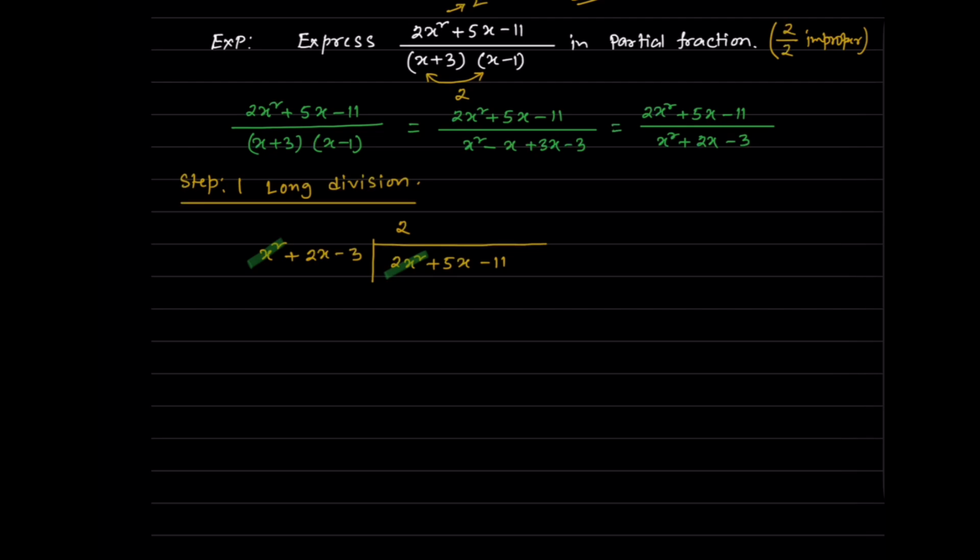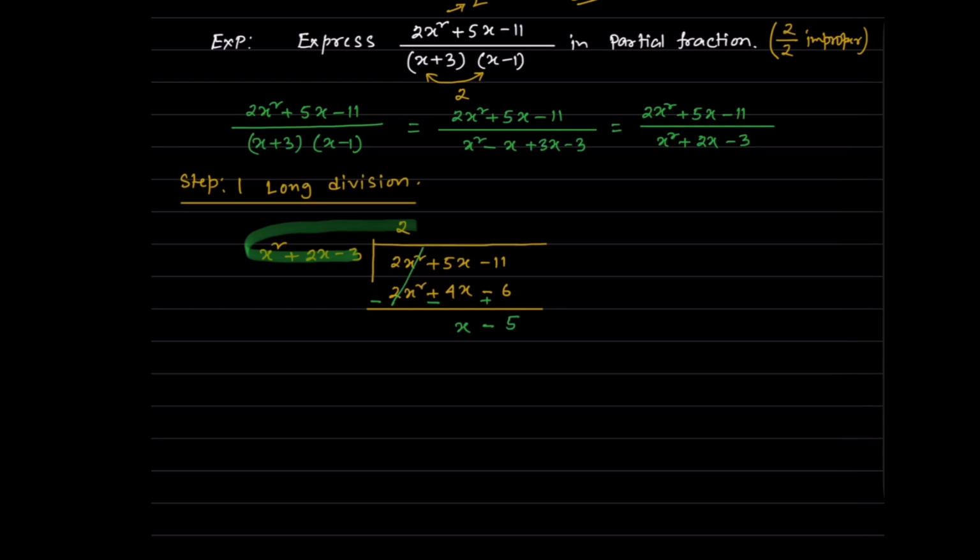The first quotient will be 2, and then you have to multiply the quotient with the whole divisor. So we can write 2x squared plus 4x minus 6. Now you can change the sign. We get x, and what do you have? x minus 5.